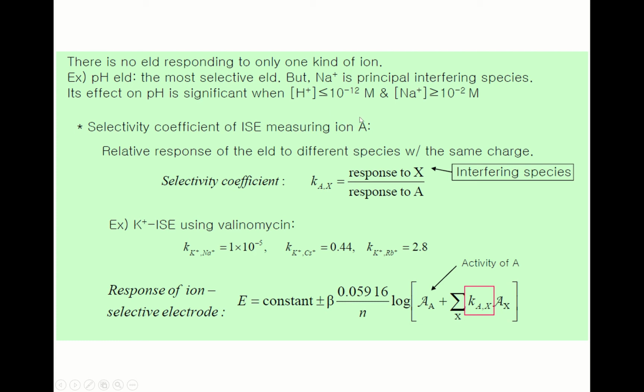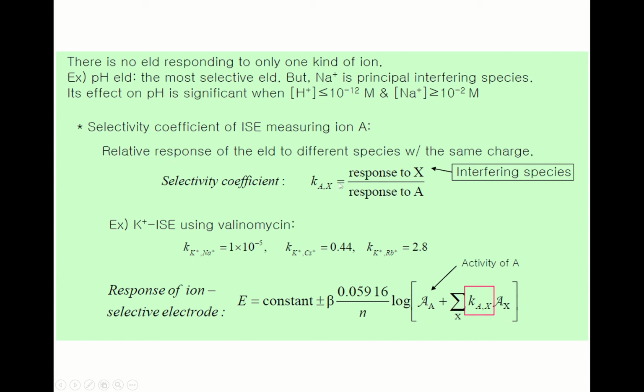So we can introduce the selectivity coefficient. It is defined by this equation. The symbol for the selectivity coefficient is K, A comma X. This is defined by the response to X divided by the response to A, where X is the interfering species and A is the species of your interest.